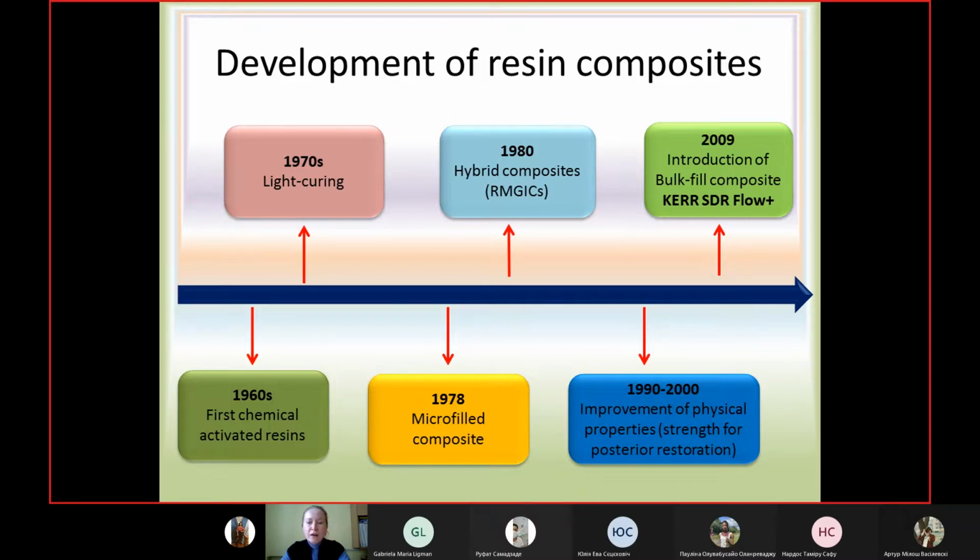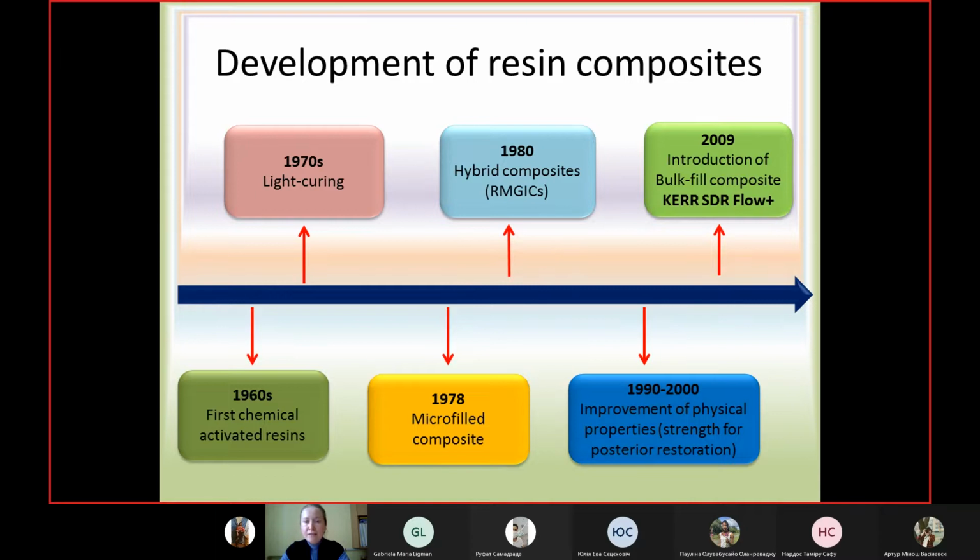the initial one, in the 1960s, was the macrofill composite, the first material to appear. The filler particles were big, they were strong, but they were not aesthetic. The polishing was very bad, and for this reason chemistry evolved microfill composite with smaller filler particles, and they were very polishable and aesthetic, but had a disadvantage: they were not strong enough.